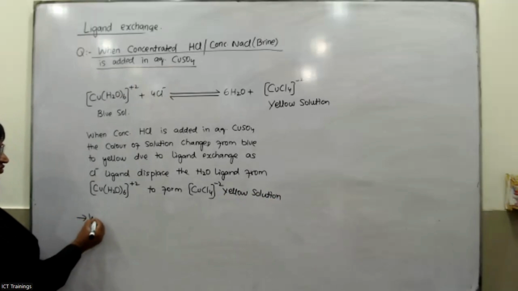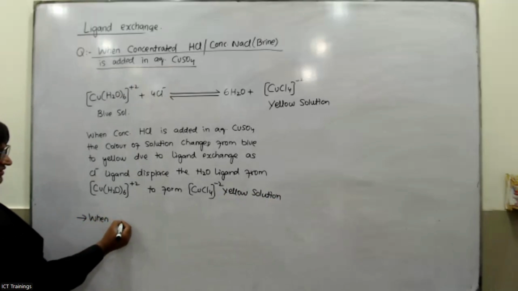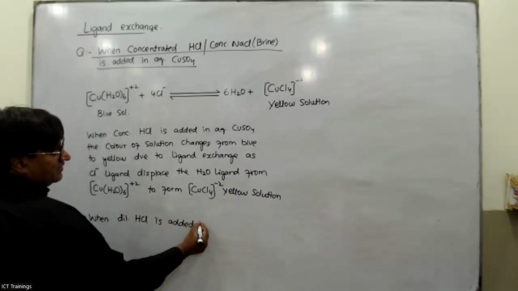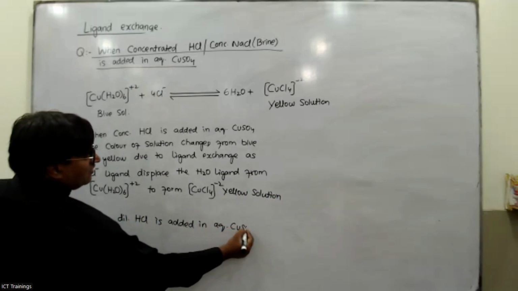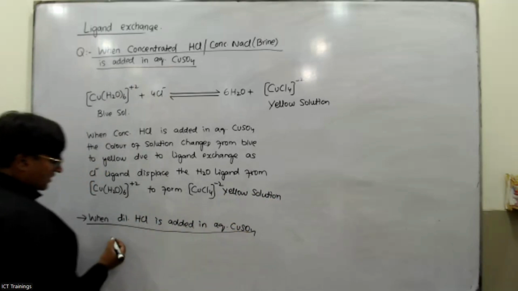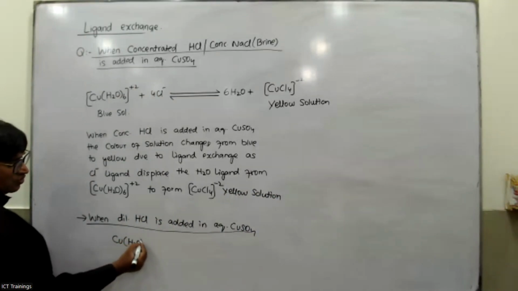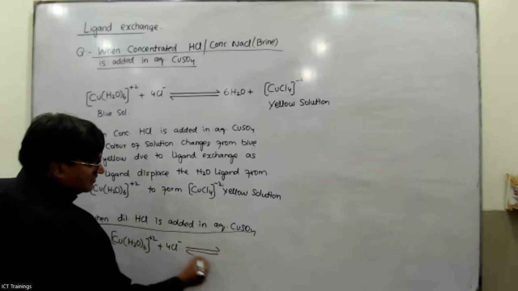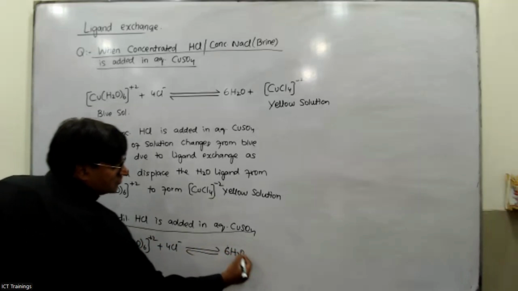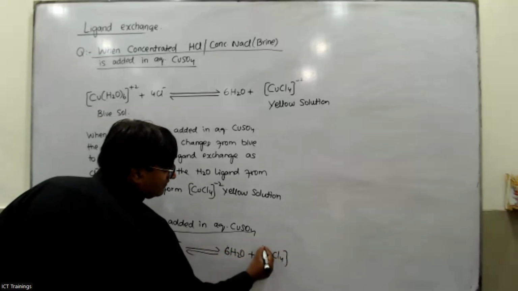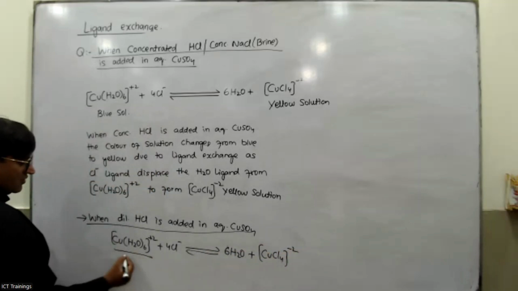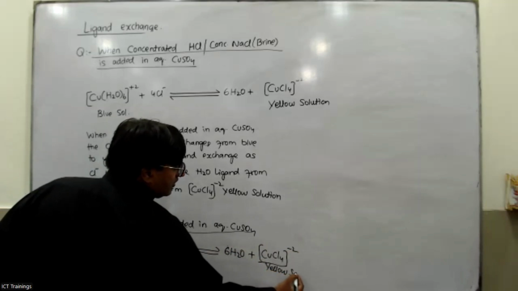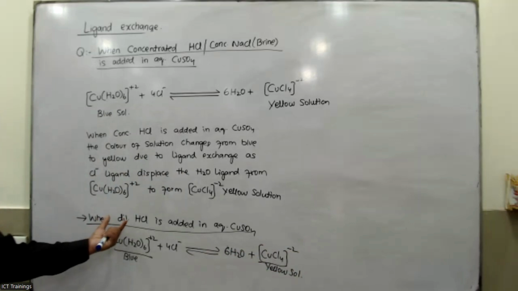And the next thing, when dilute HCl is added in aqueous copper sulfate. Everybody just look. Cu(H2O)6 plus 2 charge plus 4 chloride ions gives 6 water molecules and CuCl4 negative 2. This one forms the blue solution and this one forms the yellow solution. Now, when you take the dilute HCl, guys, just listen.